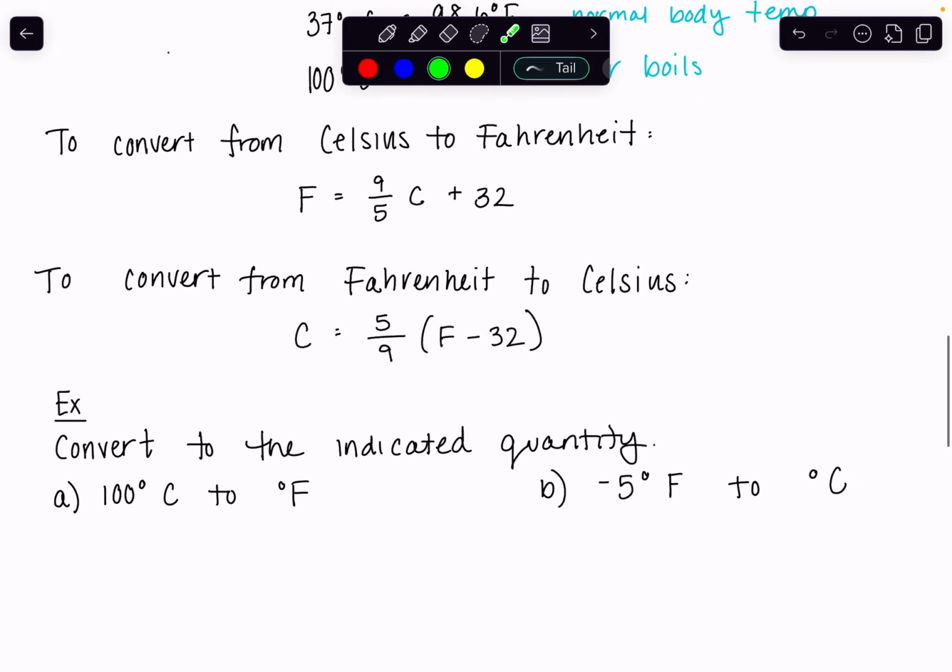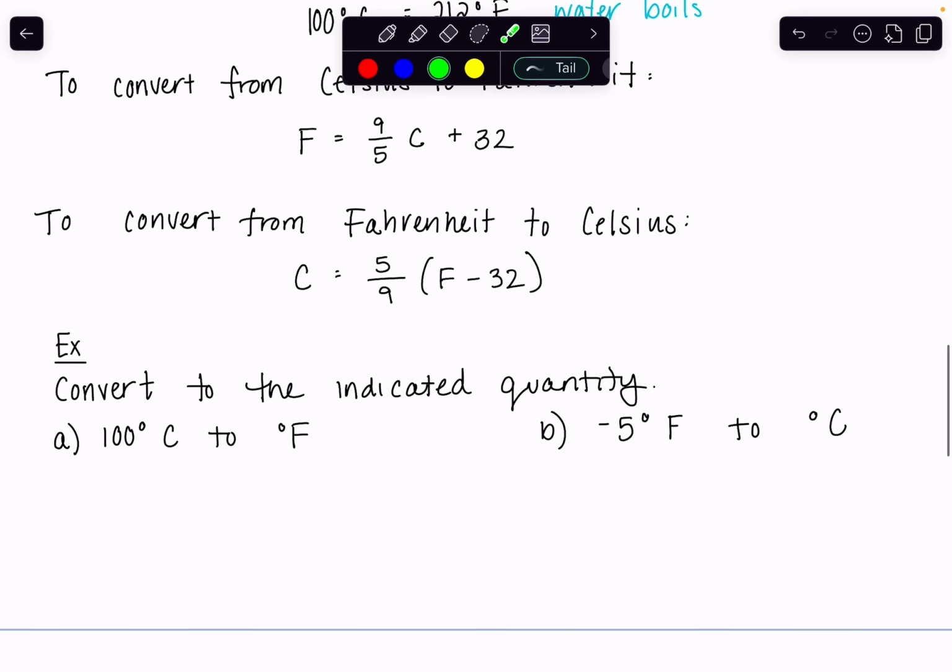So we're just going to do 2 quick examples. We're going to convert to the indicated quantity. So in the first one, I'm starting with degrees Celsius, and I want to get to Fahrenheit. So it's going to make more sense to use this formula because I will plug in C, and that tells me F. So my degrees Fahrenheit is going to be 9/5 my degrees Celsius plus 32.